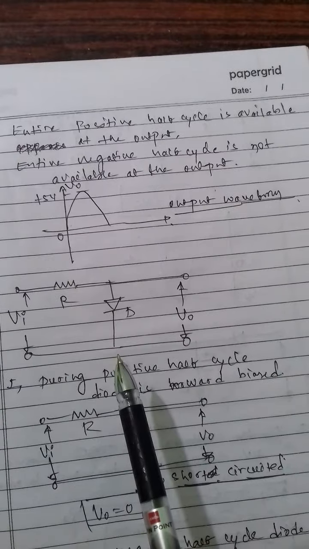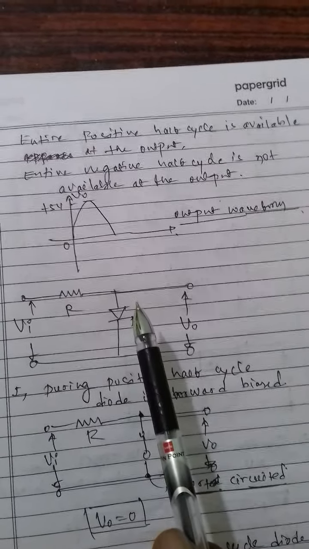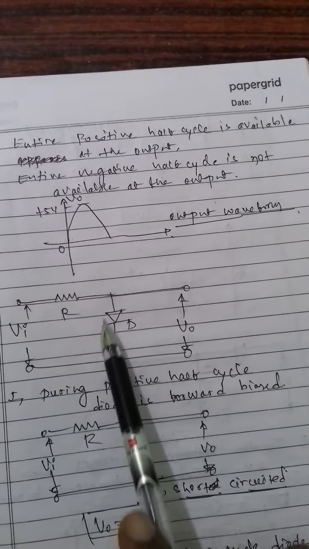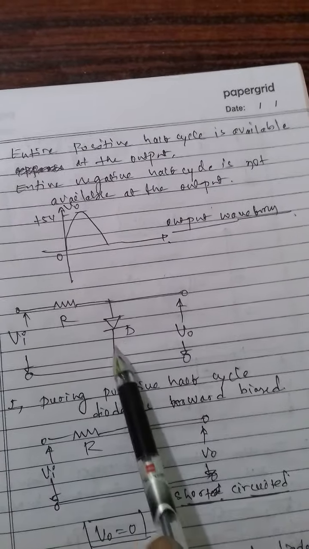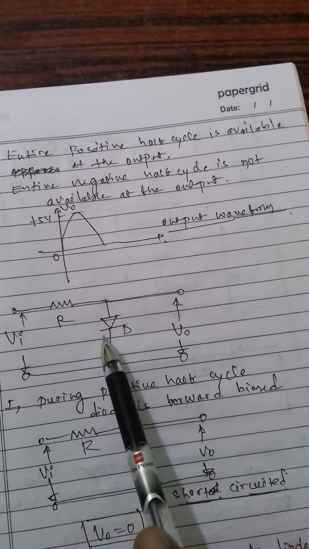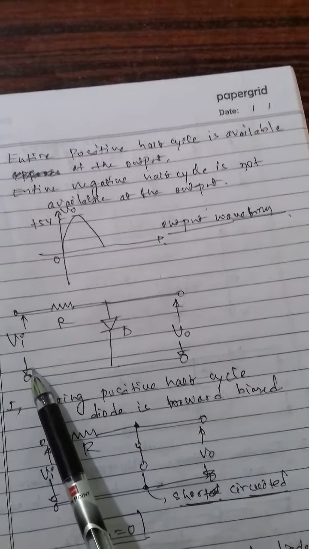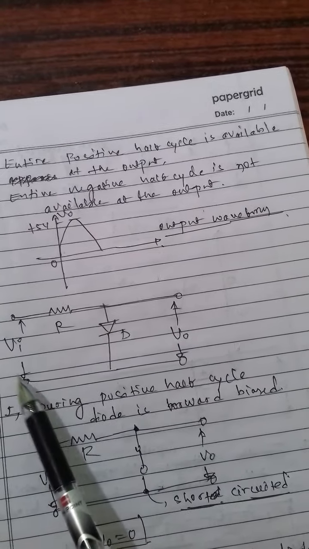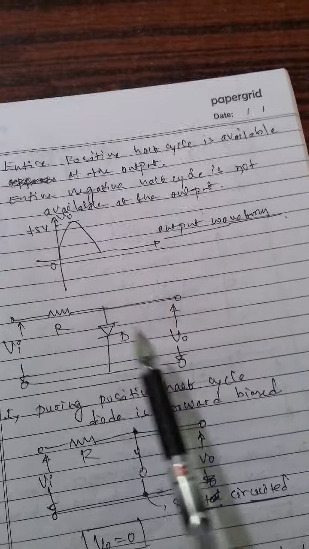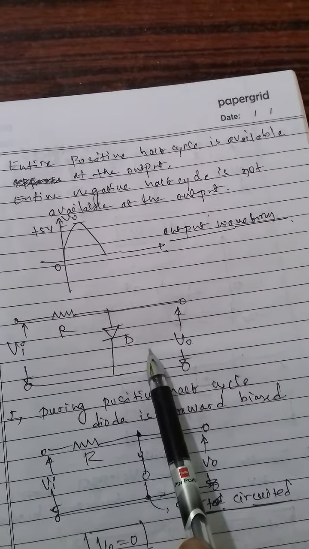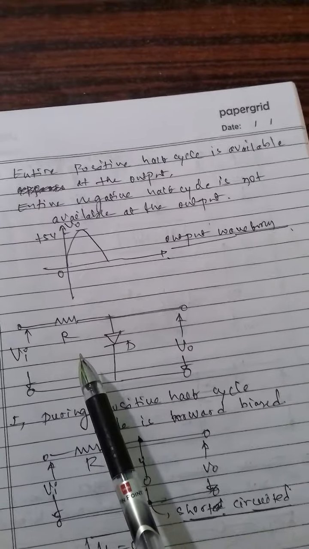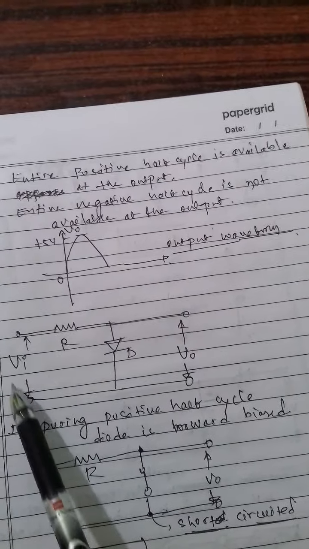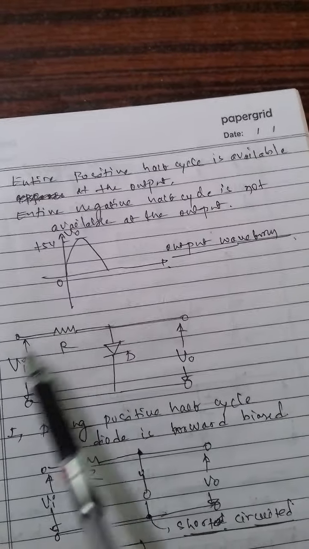As the name itself indicates, the diode is connected in parallel with the input, and that's why these are known as parallel clipping circuits. In the previous example, the diode is connected in series with the input, that's why it is a series clipping circuit.